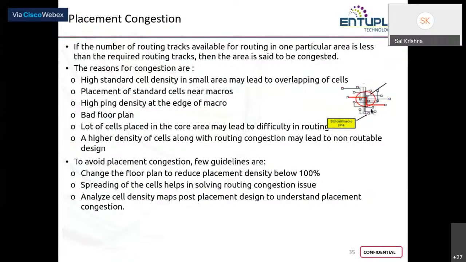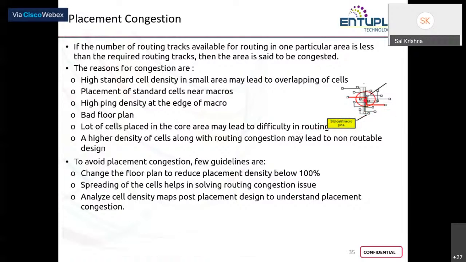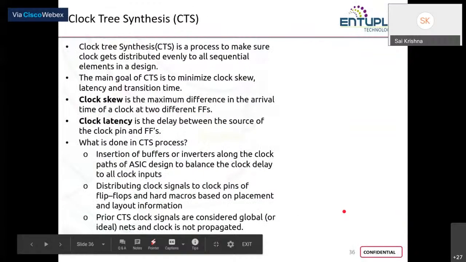So yes, this is the congestion I was talking about. So you can see here that for pins or cells, there'll be too much accumulation in a unit area, because of which everything might get messed up. So that should be avoided.